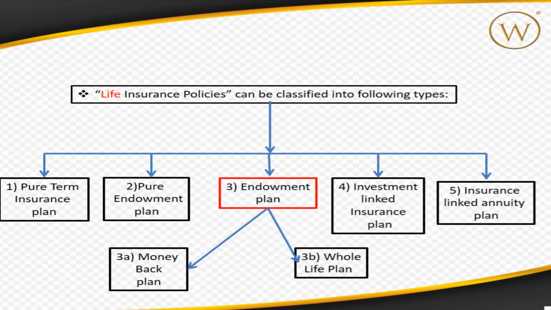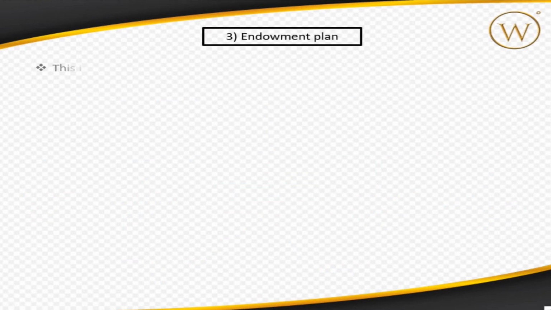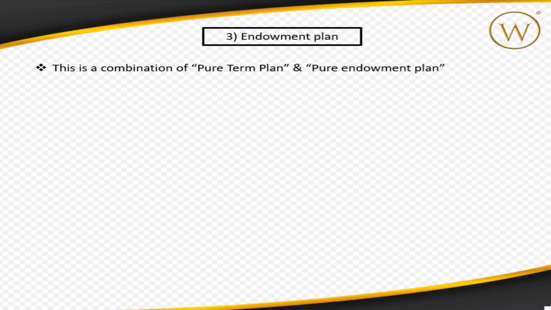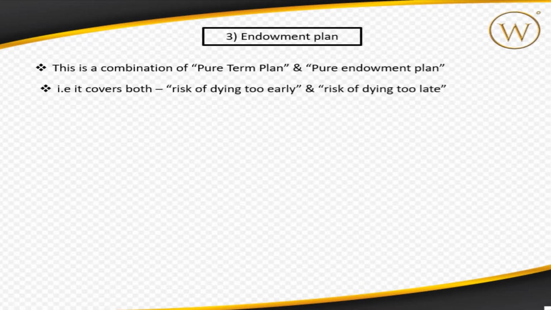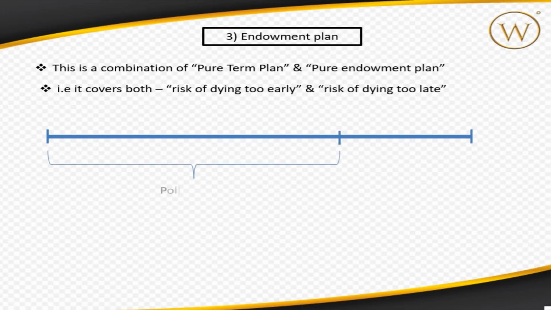The third type is commonly known as endowment plan. So an endowment plan is actually a combination of pure term plan and a pure endowment plan. That is, it covers both risk of dying too early as well as risk of dying too late. So in such type of policy, if your death happens within the policy term, then to compensate for early death, your family receives sum assured or compensation on your early death.